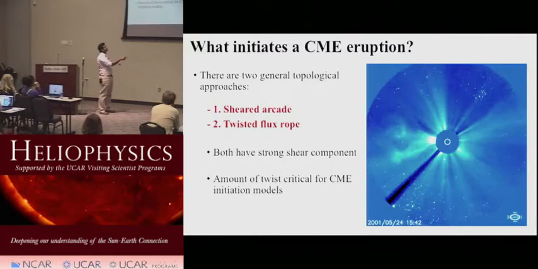This is an occulting disk to block out the bright light of the sun, and this is the coronagraph. On this coronagraph, it is about 30 solar radii to the outside edge of the field of view.